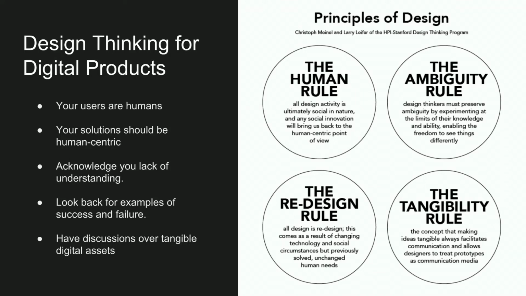So there are four, basically. The 4 rules, or 4 guiding principles, according to these authors from the HPI Stanford Design Thinking Program. The first one is the human rule. It's the idea that you have to acknowledge that the people who are going to be using your solution, in this case a website, a web application, or any other kind of digital product, are humans.